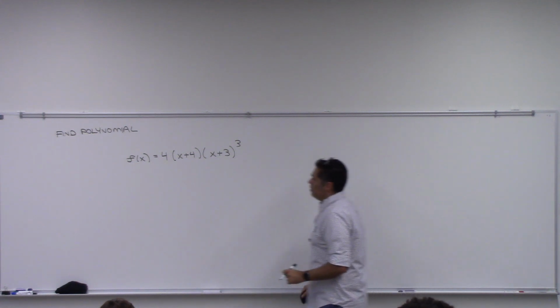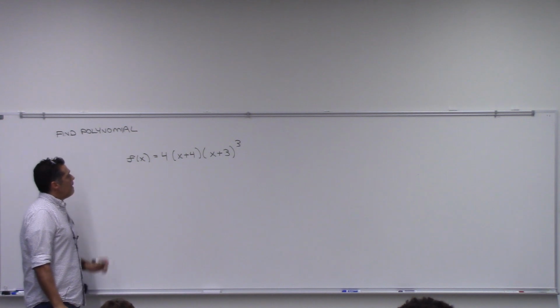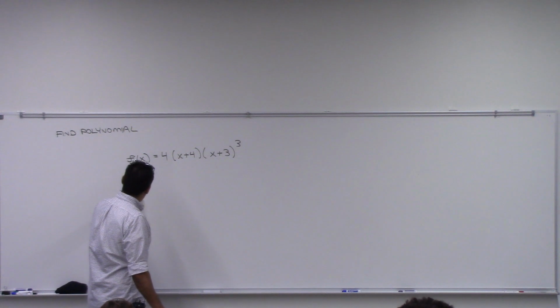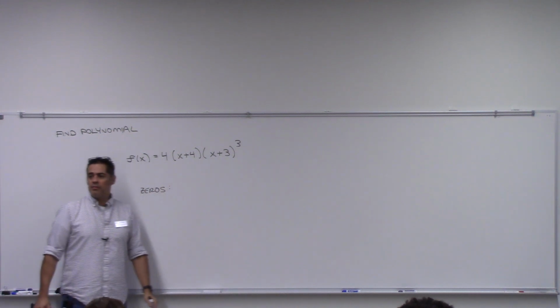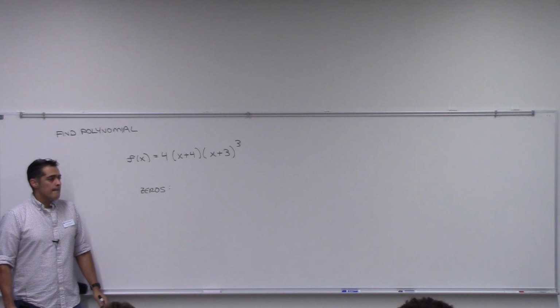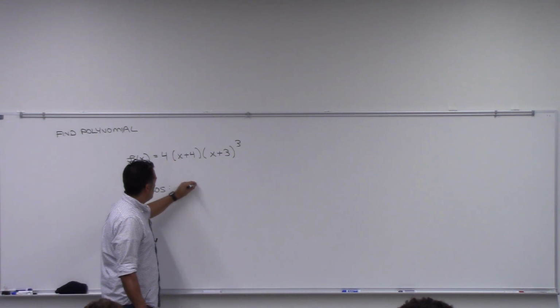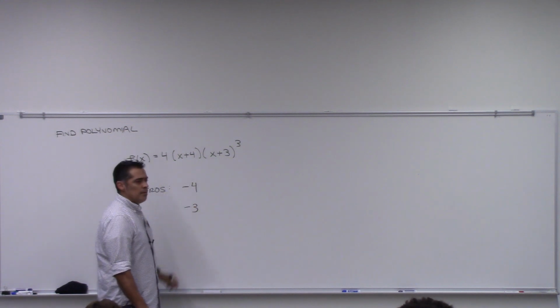All right, so for this one, first let's start with the zeros. Where do we have zeros? Negative 4 from here, right? Negative 4 and negative 3, right?